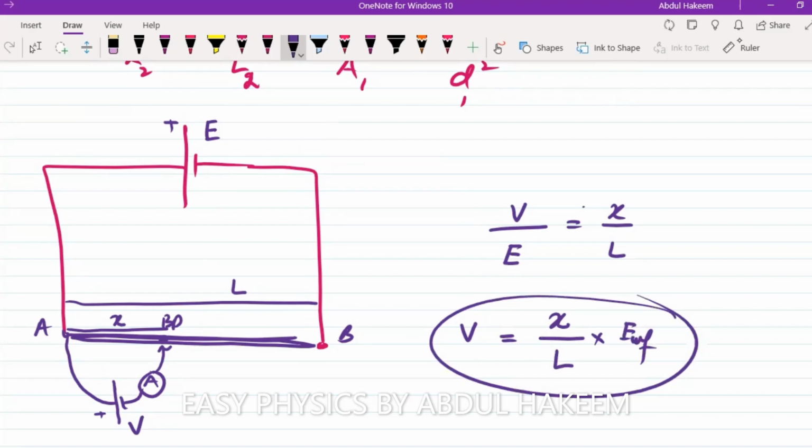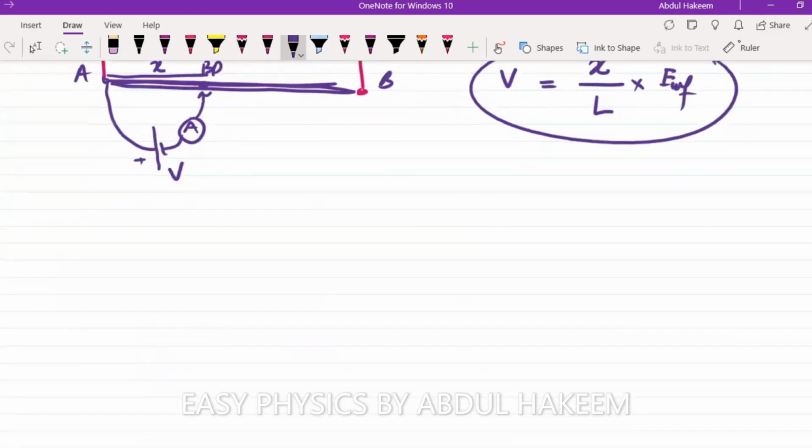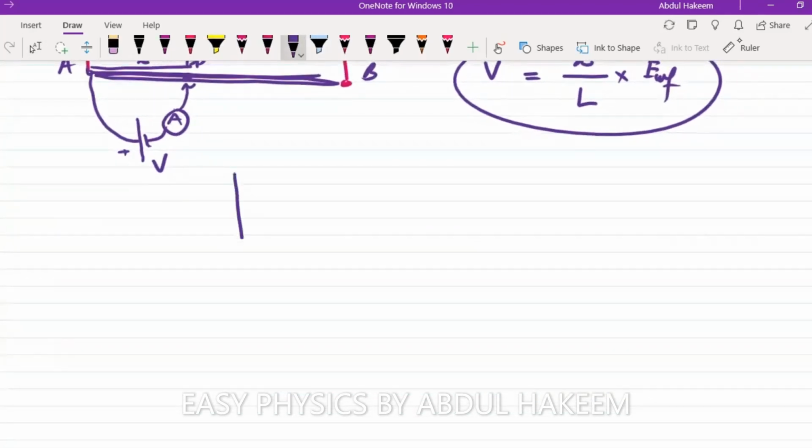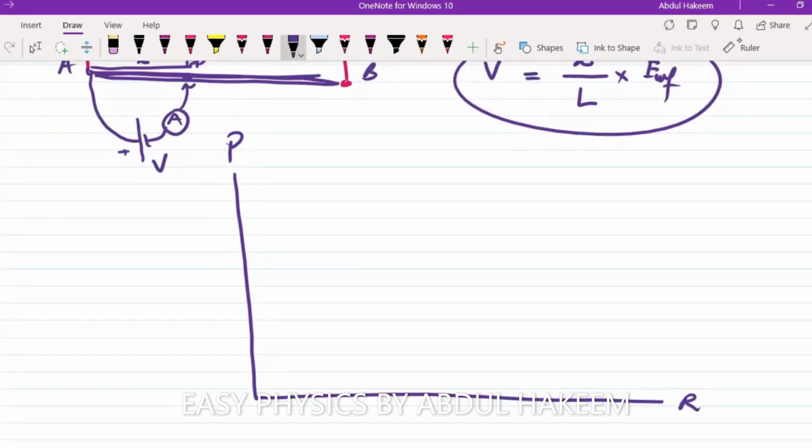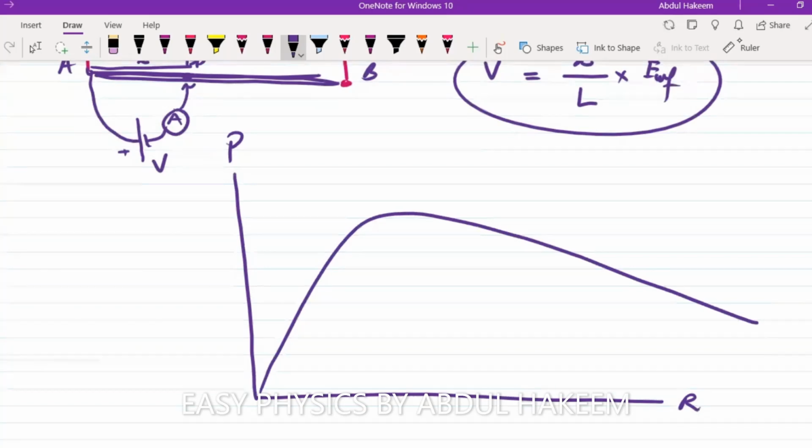And then the next is the maximum power theorem. Suppose this is the power output from the circuit against resistance; then the graph will be like this. The maximum power P0 is achieved when the external resistance is exactly equal to the internal resistance of the circuit.